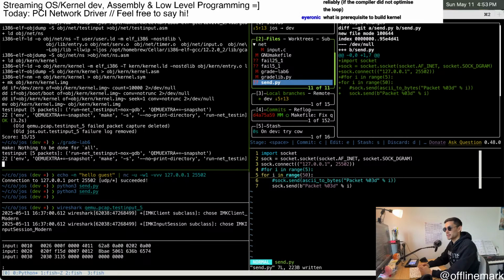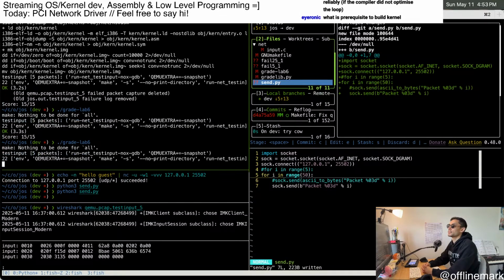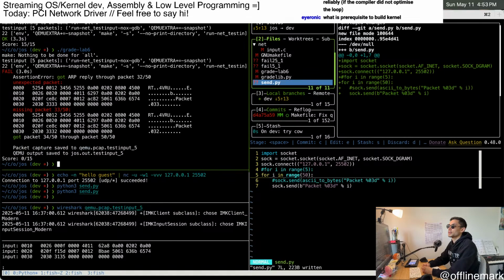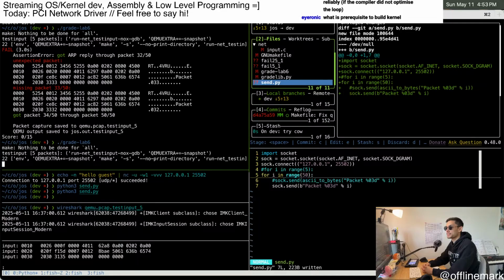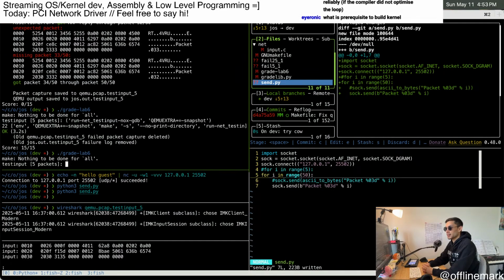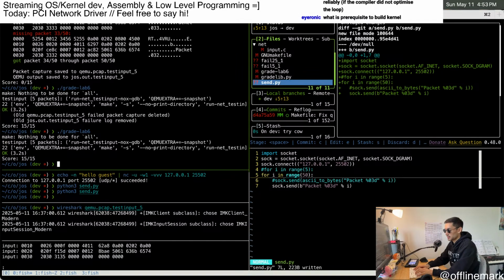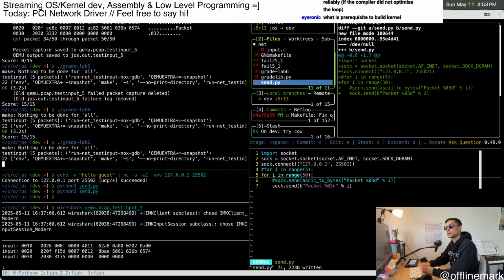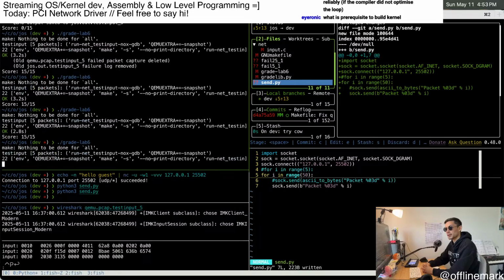So that just passed. Okay, that failed at 33. So it's still kind of non-deterministic, even with the fake sleep loop. But it seems to be passing quite a bit, actually.